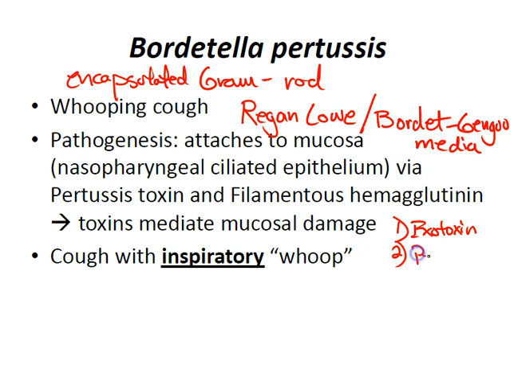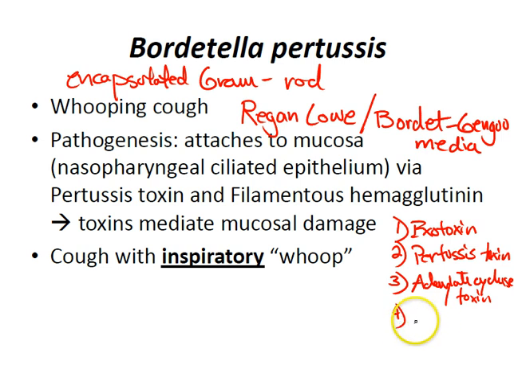Number 2, you have the pertussis toxin. Number 3, you have the adenylate cyclase toxin. Then you have the tracheal toxin.